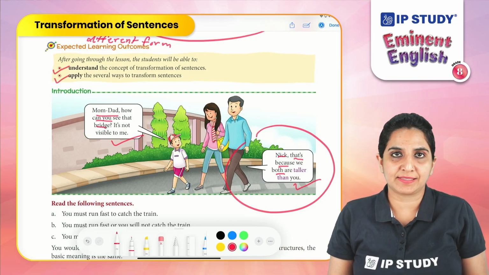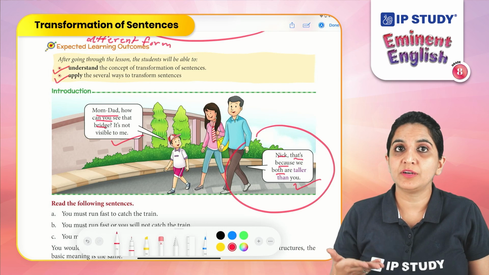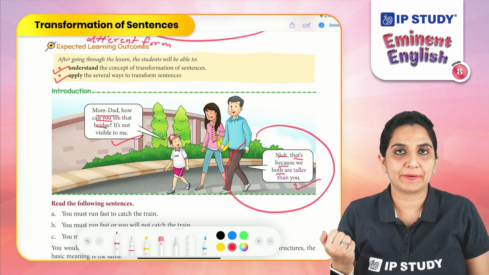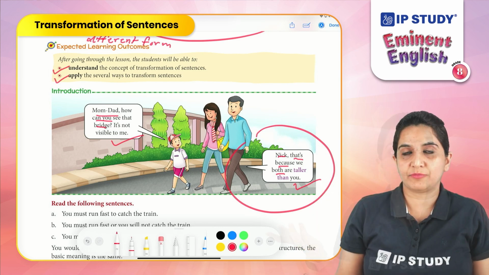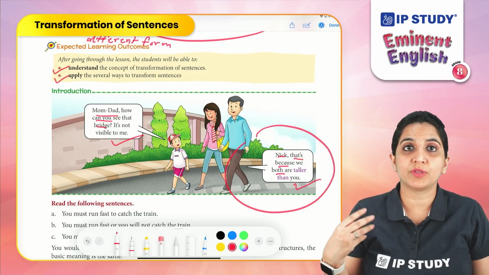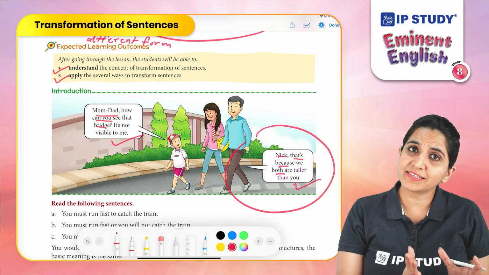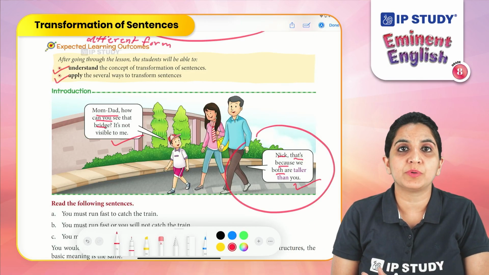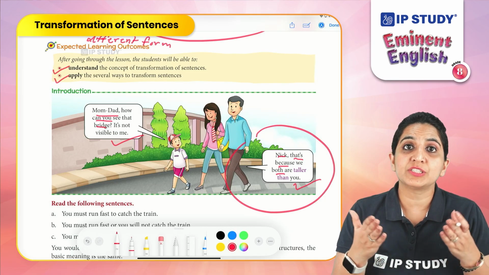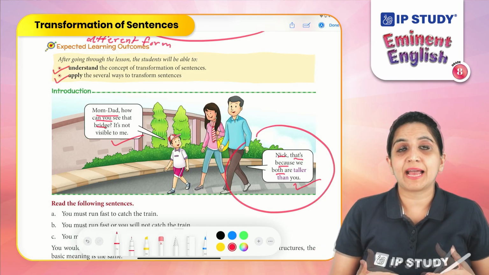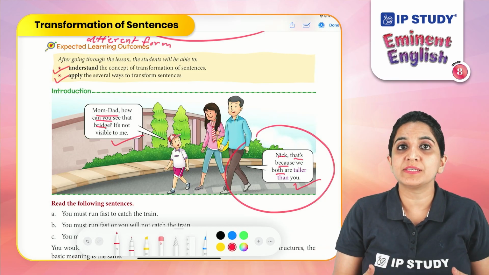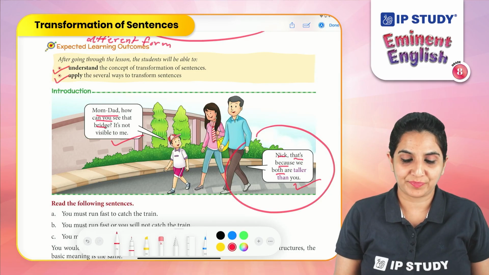But the idea is same, that the bridge is not visible to me, which is Nick. The mother and father say because we both are taller than you. So this is how we transform a sentence into a different form, by not changing its meaning but adding different parts of speech to describe them differently.